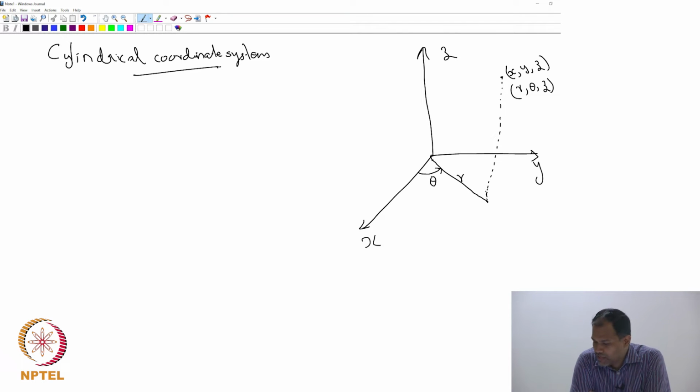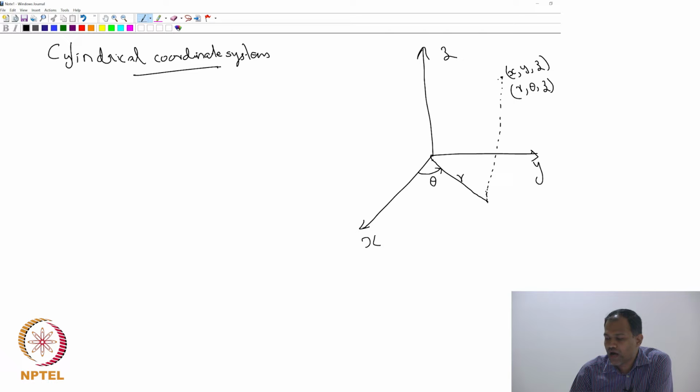So z in the Cartesian coordinate system remains the same z in the cylindrical coordinate system. Instead of x and y, you are going to use r and theta to describe any point. r tells you the radial distance from the z axis.